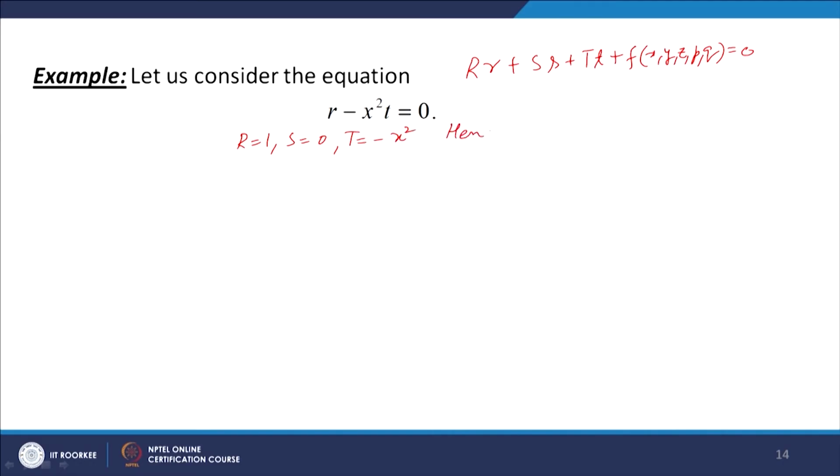Hence, s square minus 4 r t: s is 0, 4 into 1.